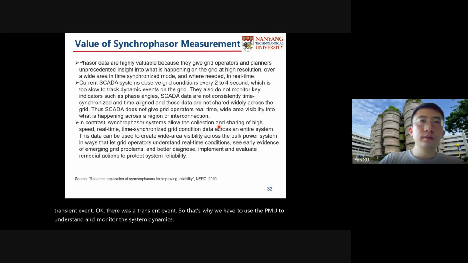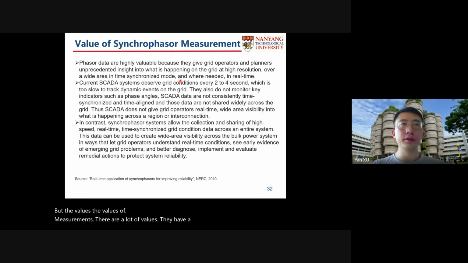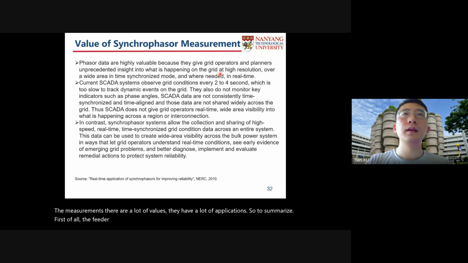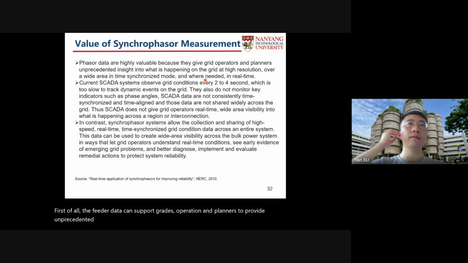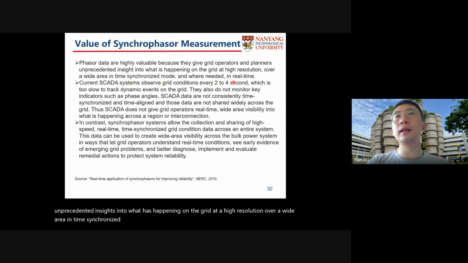Now, phasor measurements have a lot of values and a lot of applications. To summarize, first of all, the phasor data can support grid operators and planners by providing unprecedented insights into what is happening on the grid at high resolution over a wide area, in time-synchronized mode and in real time.